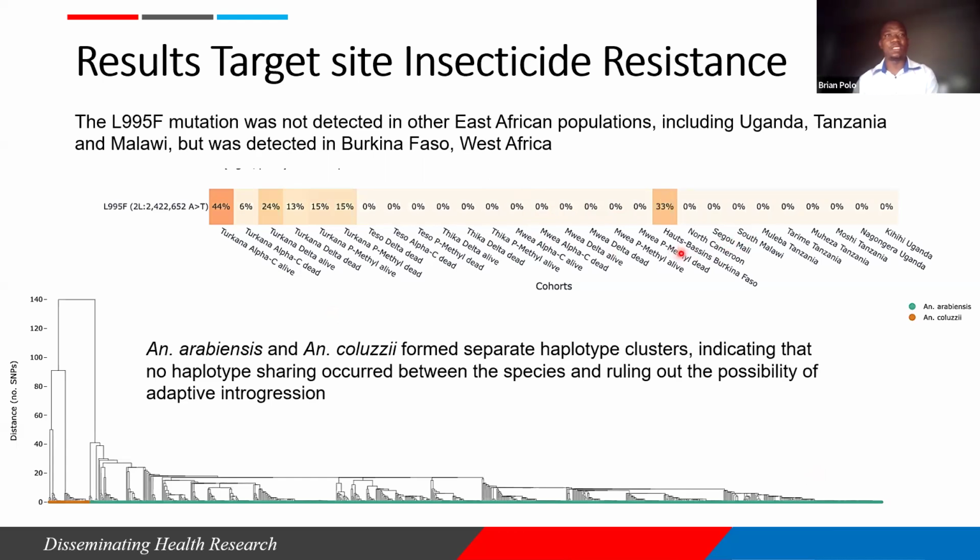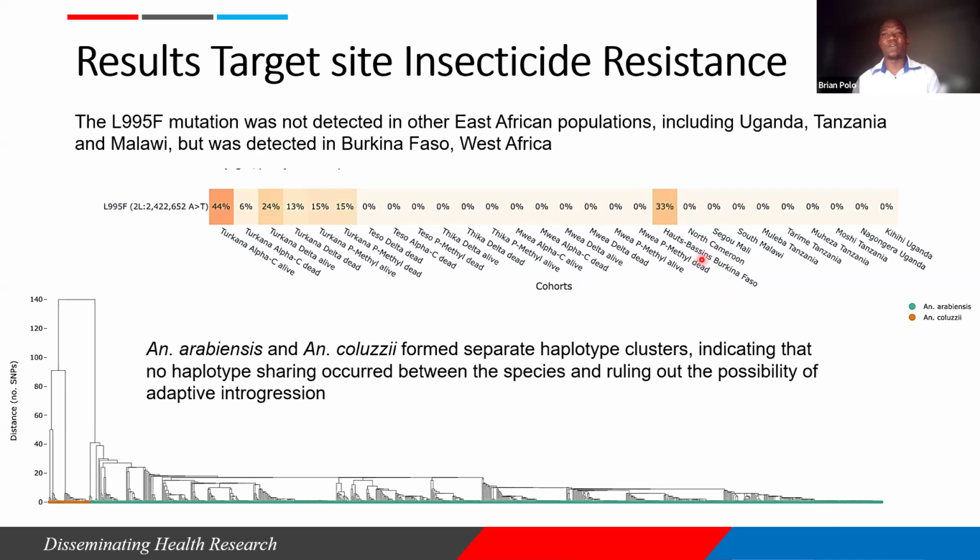But rather, we saw it in Houthi, and this was particularly in Burkina Faso. The only challenge with these samples is that there were only 3 and 1 had the mutation. We were therefore not able to do haplotype comparison to see if there was a selection sweep suggesting that there is sharing of these genetic characteristics.